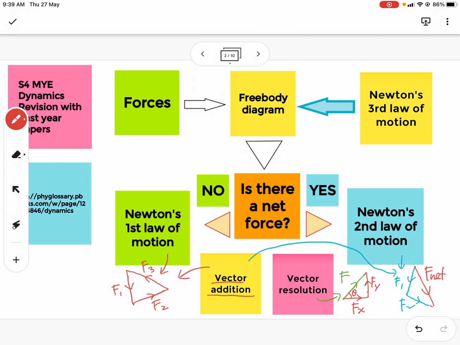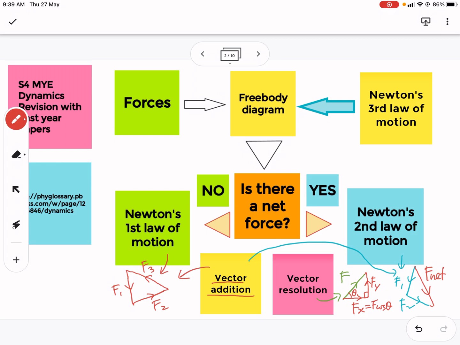The components of forces are always perpendicular to each other. One component will be F sine theta, and the other component will be F cosine theta.